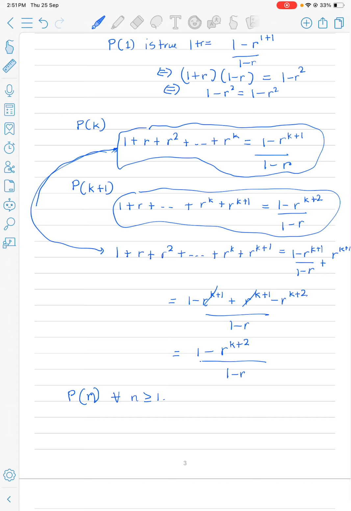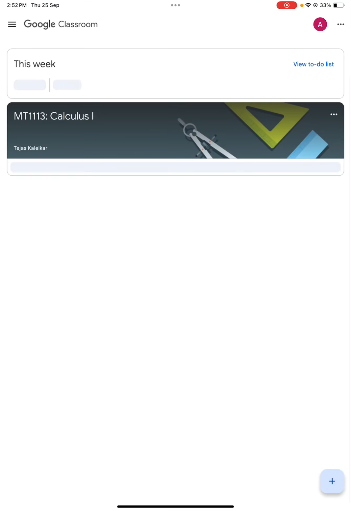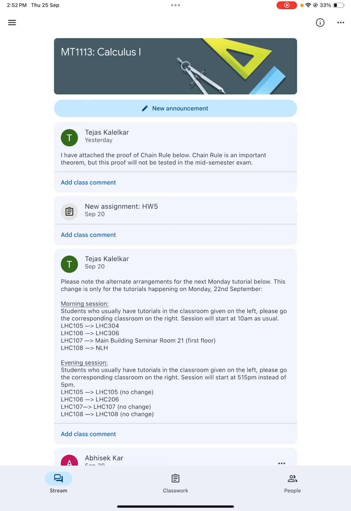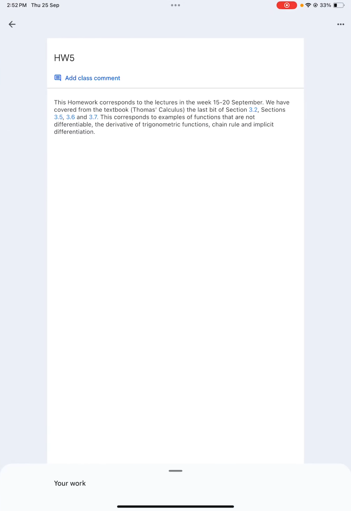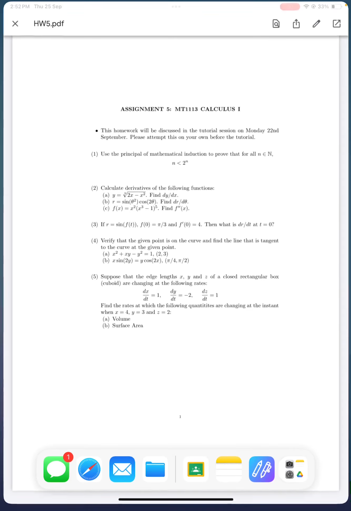That is your question, right? Just wait a few seconds. I need to log in. Where is your classroom? Calculus 1. This is your assignment. N is smaller than 2n.